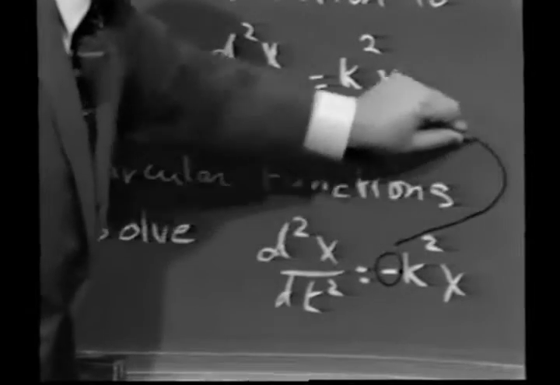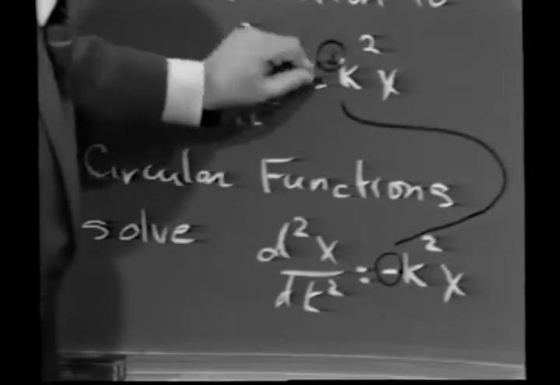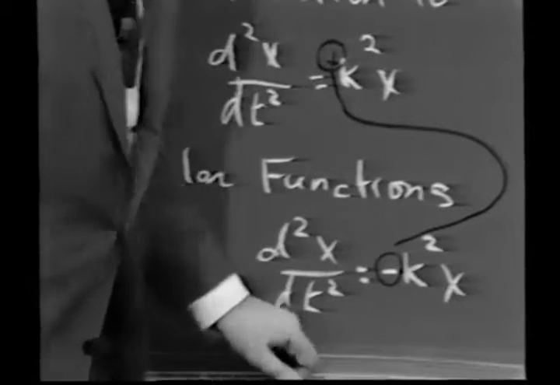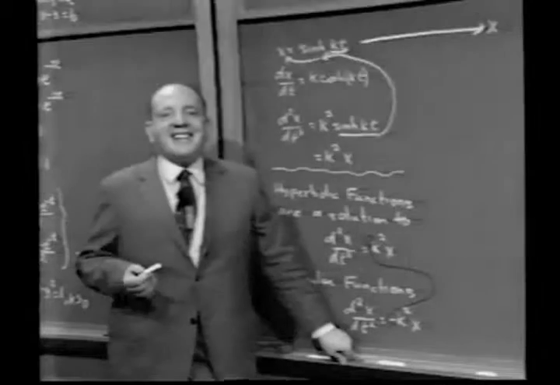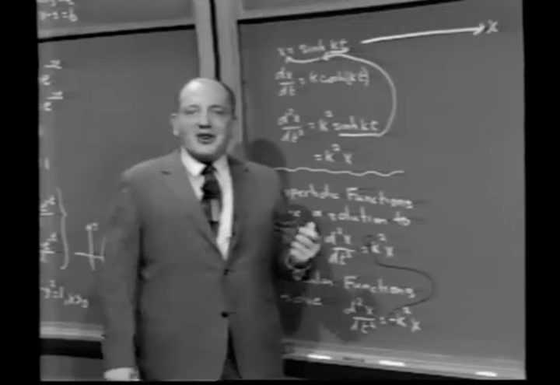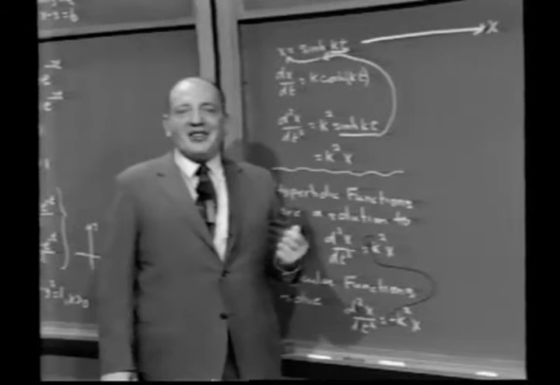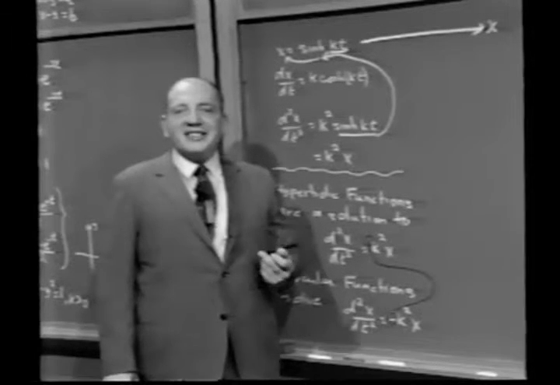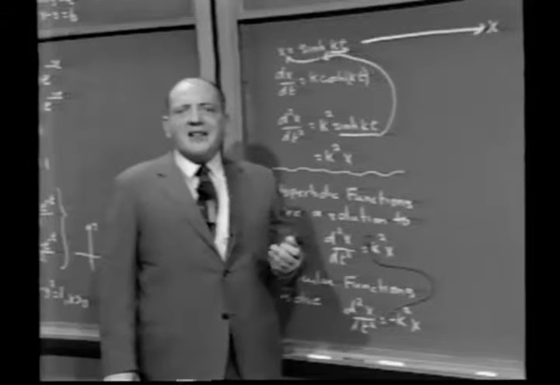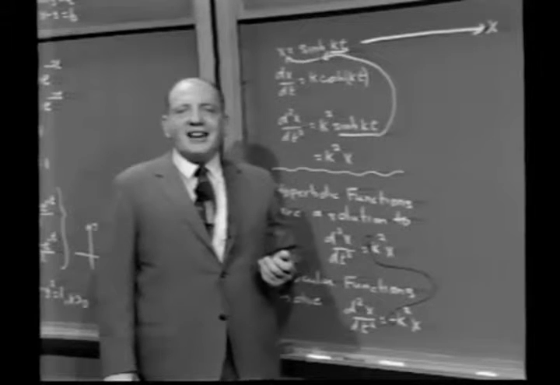In other words, notice again, from a physical point of view, that the difference between the circular functions and the hyperbolic functions is, again, just a difference in sign. As I say, this will be emphasized more in the exercises.